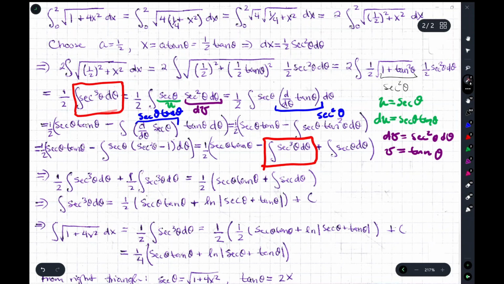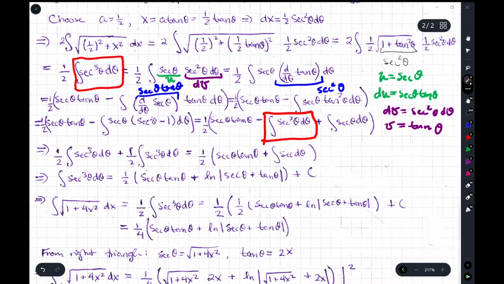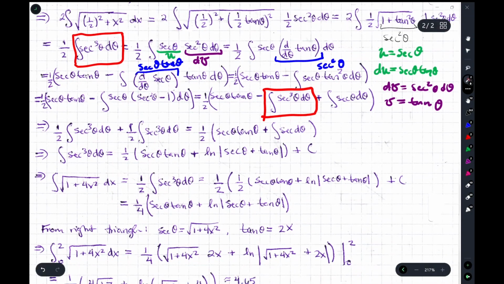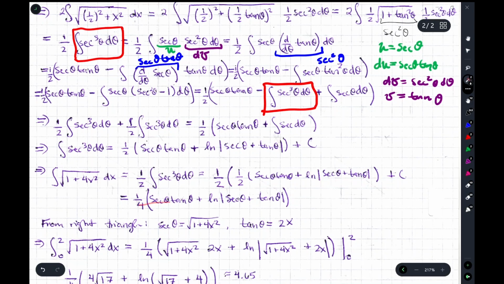Now I have this integral. I solved for it algebraically. I ended up cyclically returning back to it. That happens with integration by parts. And I end up with this expression, and I solve for what the integral of secant cubed theta is. And so I end up with this final expression here.